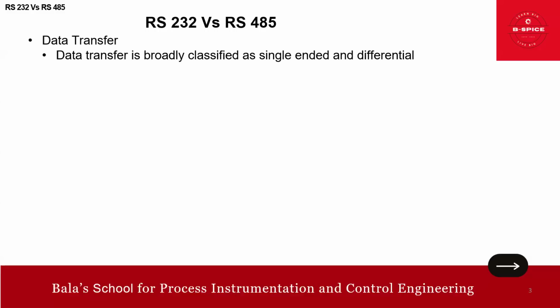So the receiver measures the voltage difference between the signal wire and the ground. This is the point, single-ended. I repeat again, friends. Single-ended data transmission uses one wire to carry the signal and another wire as a reference. So the receiver measures the voltage difference between the single wire and the ground.